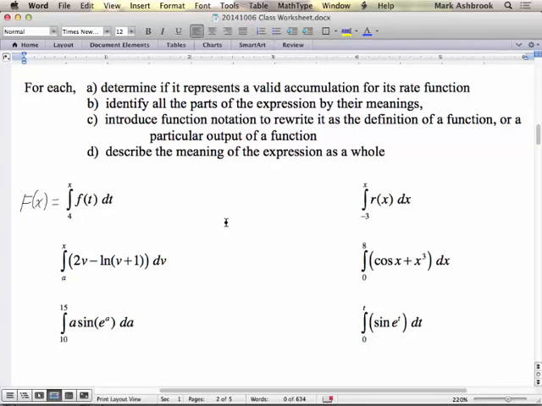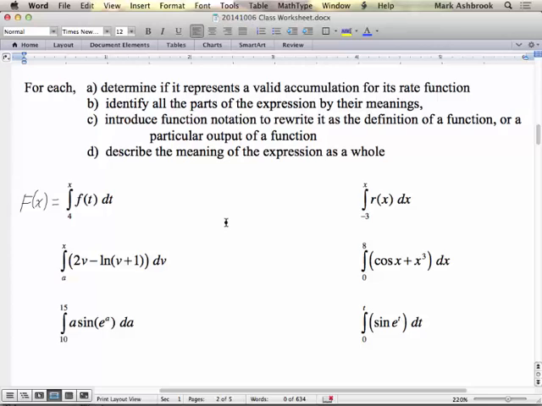We just made it into a function definition where the output of capital F is the exact accumulation, starting at 4, accumulating to the input x at a rate of f of x. Okay, go. So you do the rest. That's what you're doing.